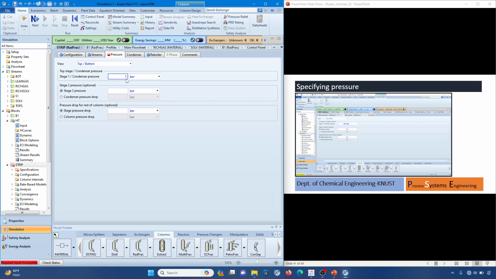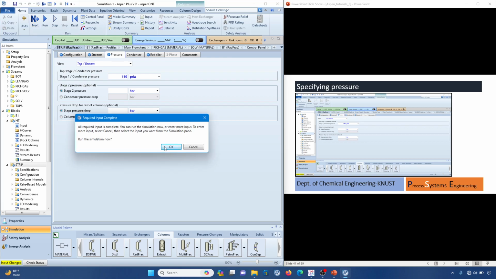The pressure is 150. That should be enough.